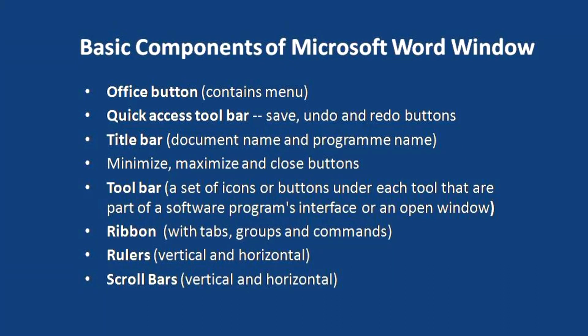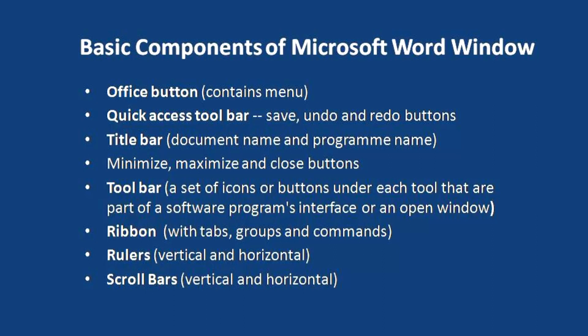There are certain basic components of the Microsoft Word window, because this is a part of MS Word processor. The moment you want to use MS Word processor, you will be opening its window. This includes the Office button, which contains a menu. There will be a quick access toolbar, in which you will find save, undo and redo buttons, and there will be a title bar where you will find the document name and program name, and also the minimize, maximize and close buttons.